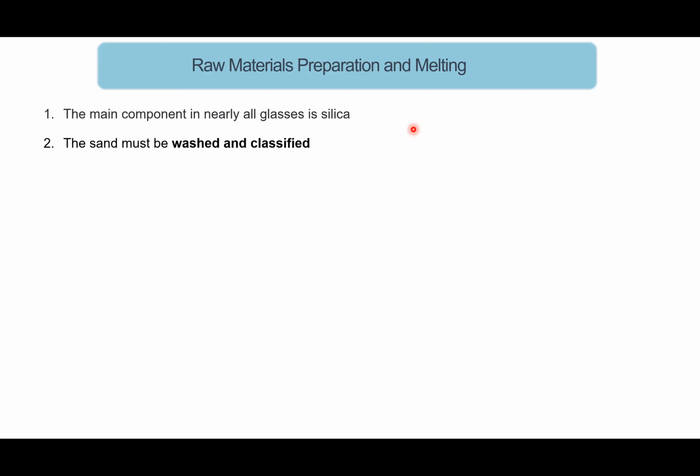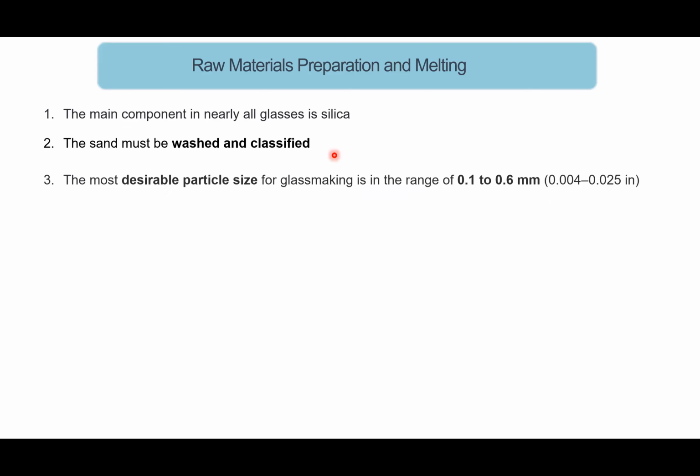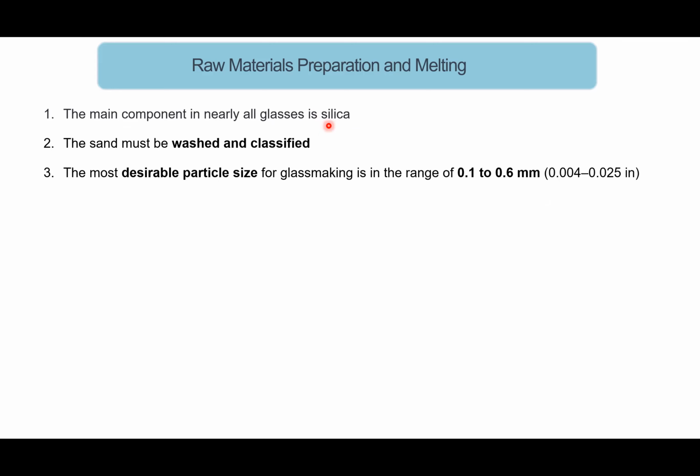So second, raw materials: how to prepare the raw materials and how to do the melting. First, the main component is silica, that means silicon oxide or sand. Sand has to be washed and classified. Washed means you have to remove all the clays, greases and other foreign materials from the sand and get pure sand, which contains silica only.